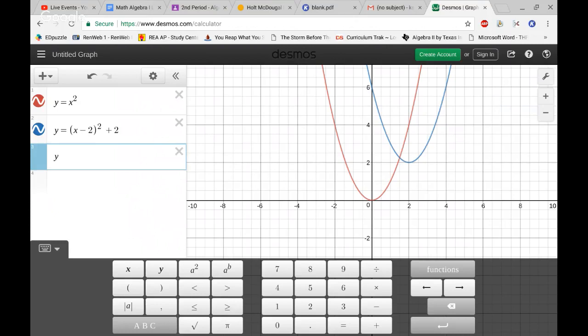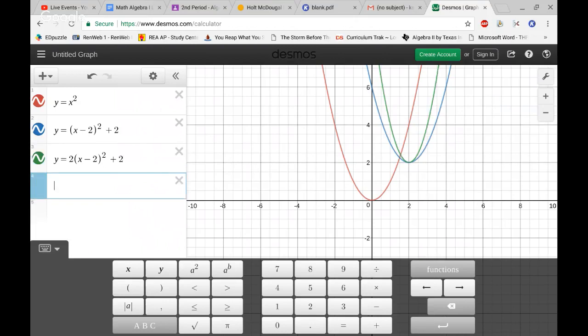So now we're going to work with that a part at the beginning, and let's just keep it simple and keep our 2's going. And then 2 times x minus 2 squared plus 2. So it made it the green, so it got skinnier.